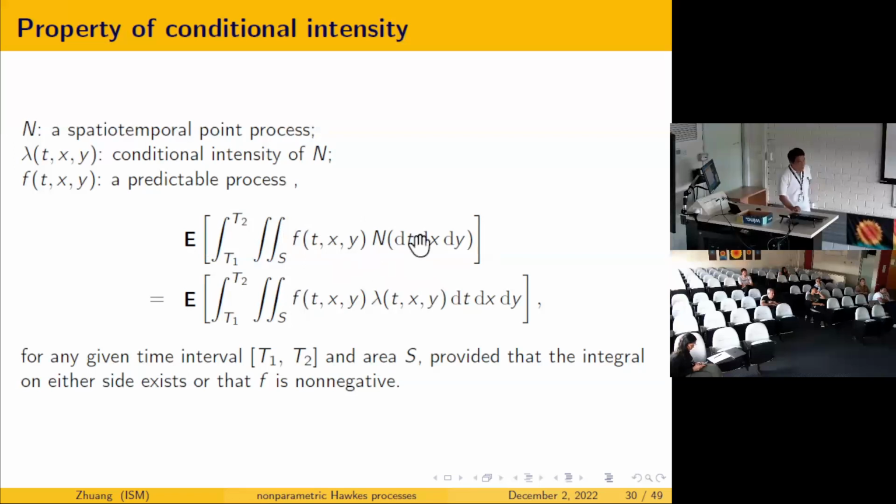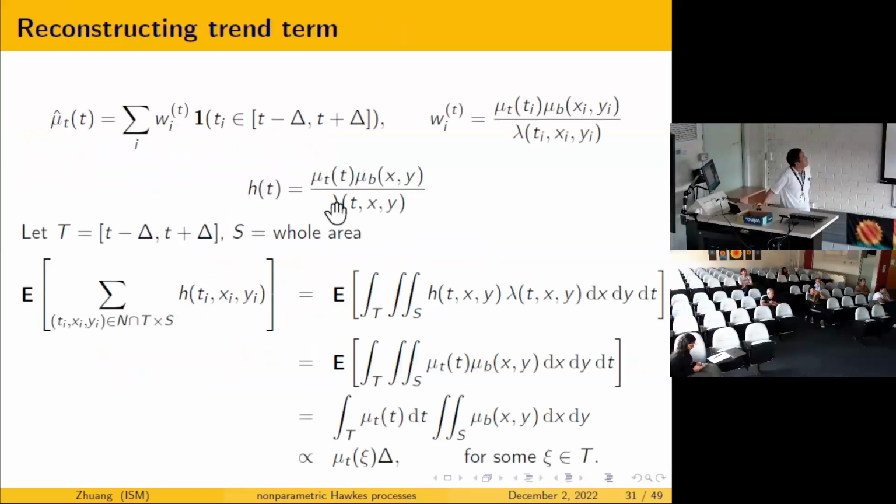So what we do is we need to design this predictable function, which is called the innovation process. We first design this h of t here, in this function, and then we calculate. We take a small interval of t around time t, and then we make the integration of this one.